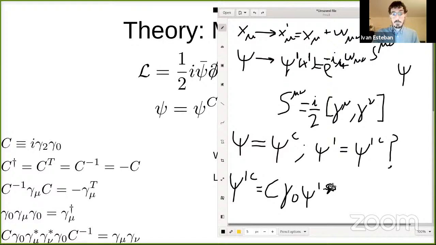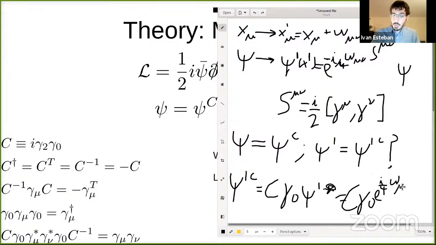And if I apply this equation that relates psi prime to the original field in the other Lorentz frame psi, we just get C gamma 0 times the exponential of i fourths, where the minus i goes into a plus i because of this complex conjugate.